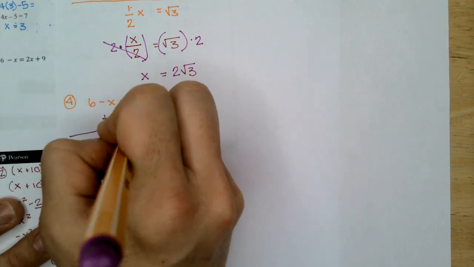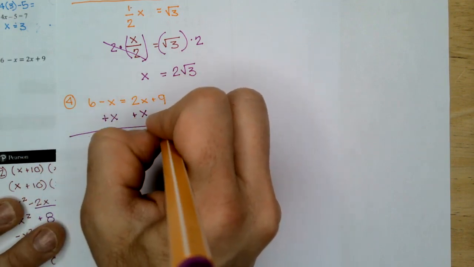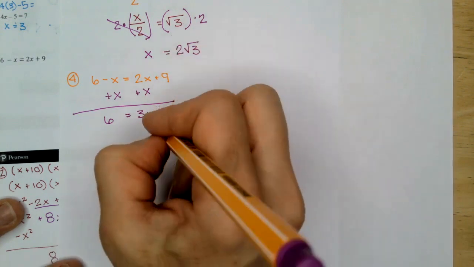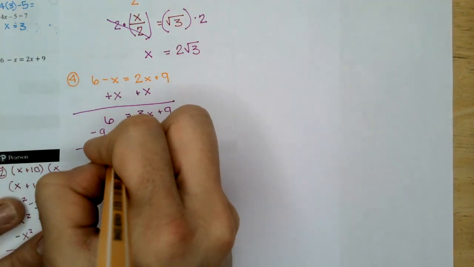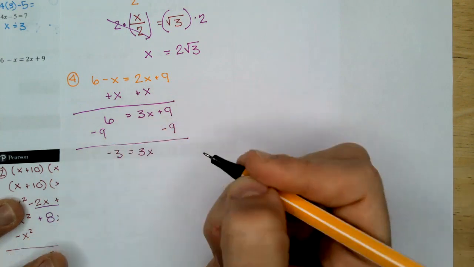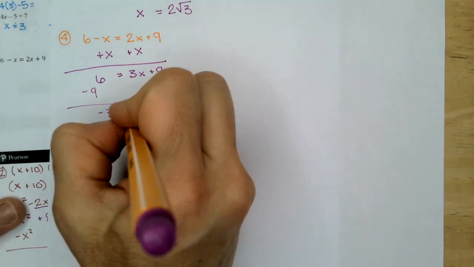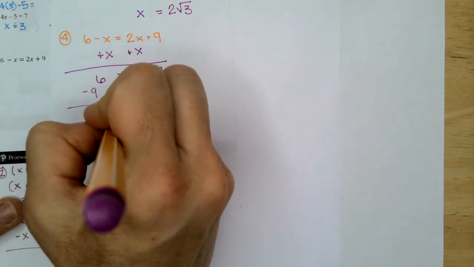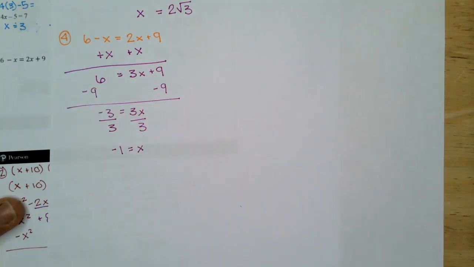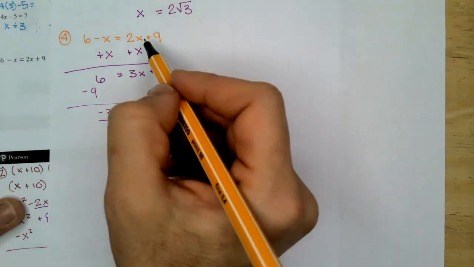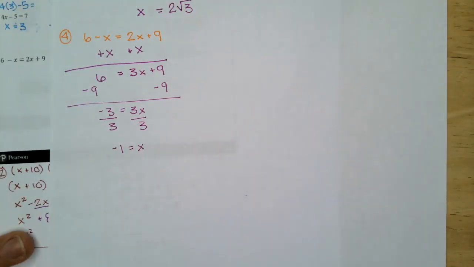Now I have 6 is 3x plus 9, right? Now I need to move the 9. 6 minus 9 is a negative 3. Negative 3 is equal to 3x. You can see possibly where it's going. I need to divide by 3. Negative 3 divided by 3 is a negative 1. So x is negative 1. Okay, put that back in there to make sure that we are correct.